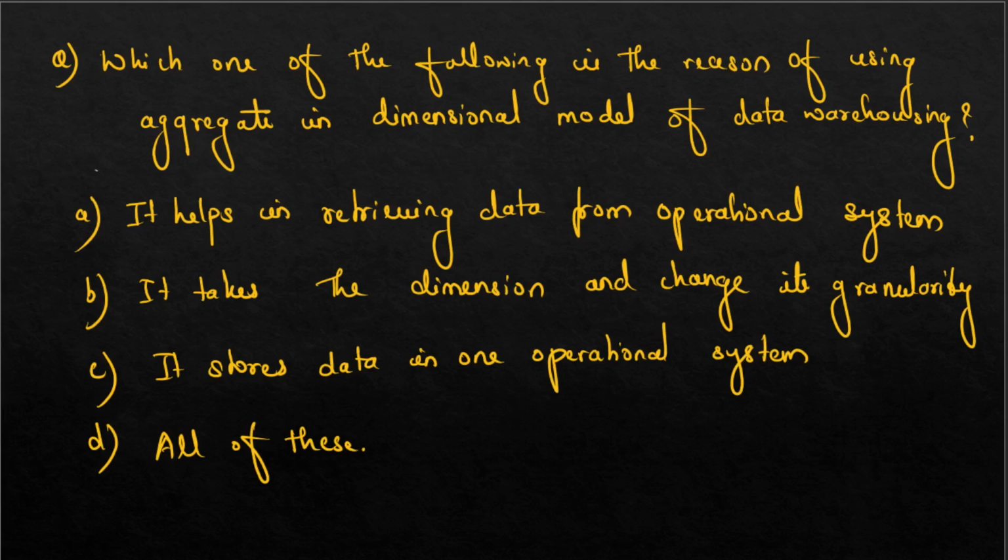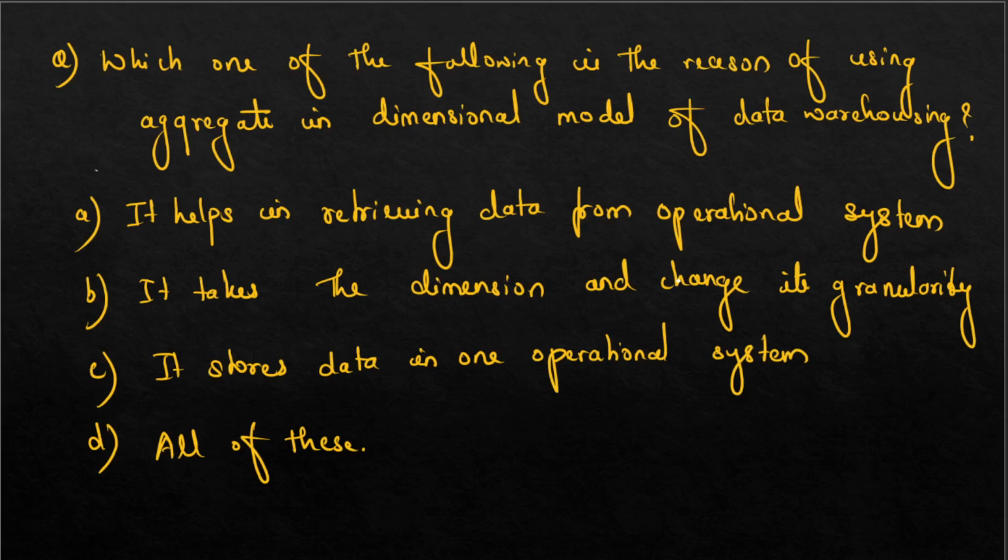So it's all about summarization of the fact related data for the purpose of improved performance. The first option is it helps in retrieving data from operational system. This is not what aggregation in dimensional modeling of data warehousing is. That is not the perfect reason.